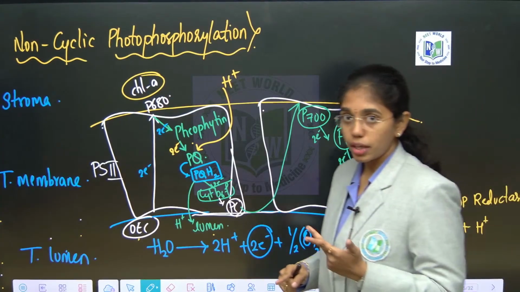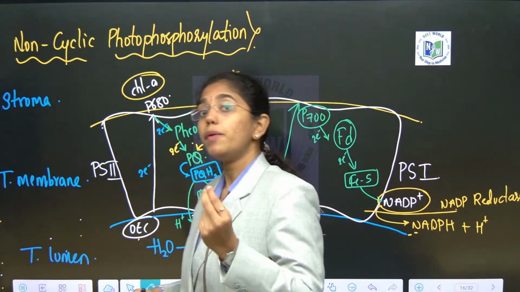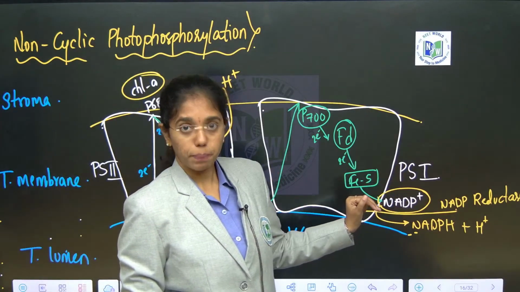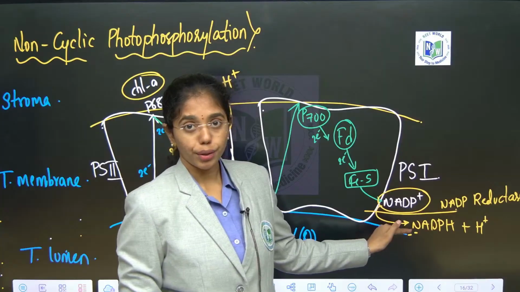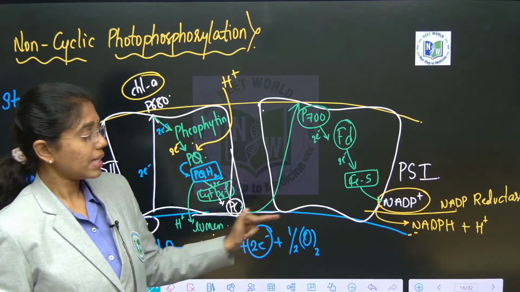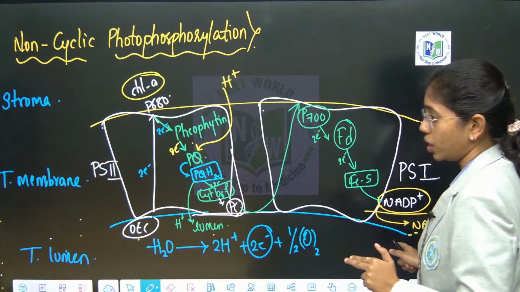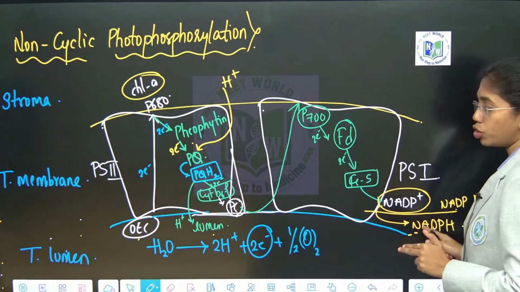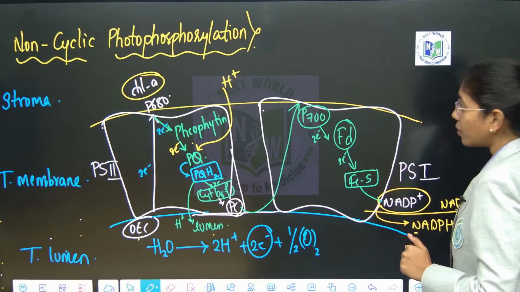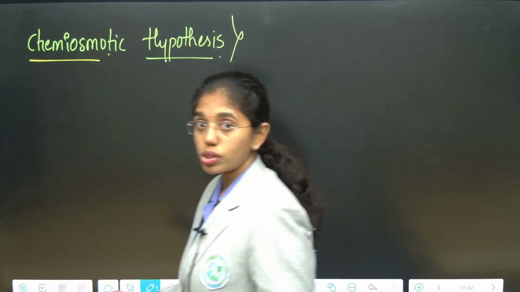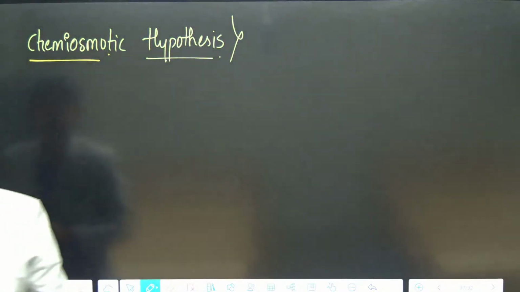And third reason, whatever minimal protons are present in the stroma are utilized by NADP plus, which is being converted to NADPH plus H plus. Because of this reduction reaction, again protons are being consumed from the stroma. These are the three main reasons where protons are reduced inside the stroma and increased in the lumen, generating a proton gradient.